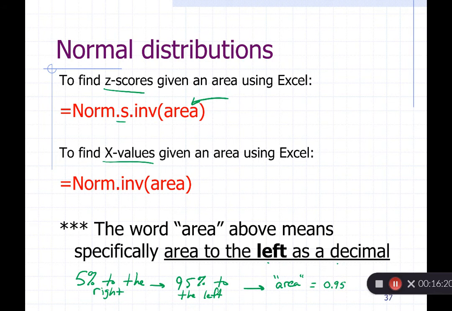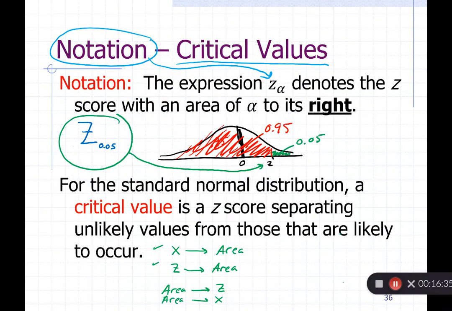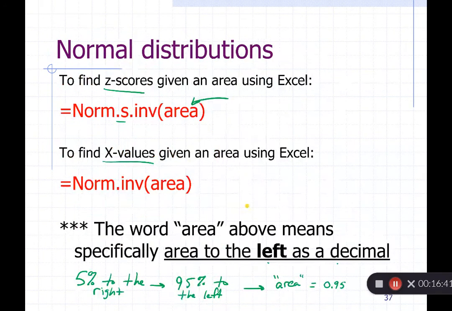Area to the left as a decimal. And if we plug that into Excel, we would get 1.645. And we could verify that later when we have Excel up on the screen.